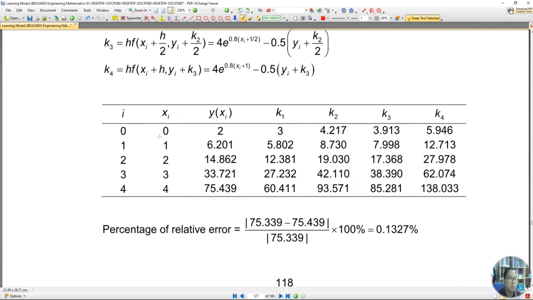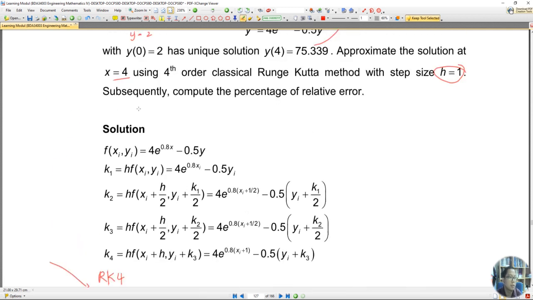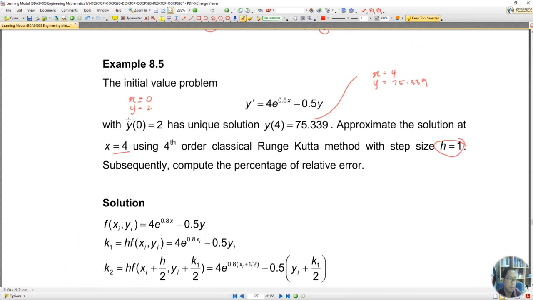What we are going to do right now is first construct this table. If they are asking you to identify the ODE solution by using RK4, you have to construct the table like this, starting from iteration i equal to 0, 1, 2, 3 and so on. To determine the iteration points, you put x based on this information.